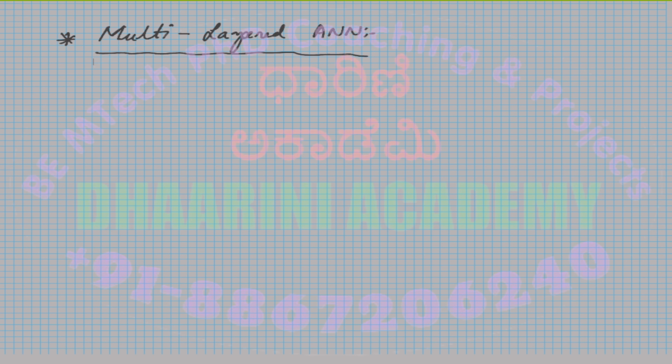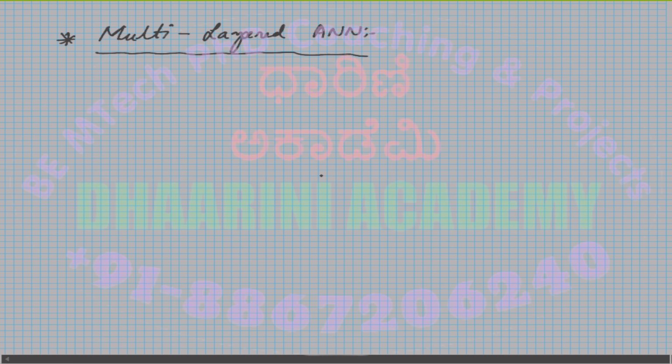The error in the output is because of error in the hidden layer, correct? Obviously. The hidden layer is not doing the job, that's why the output layer is not doing the job. So make the hidden layer learn properly, and the output layer will learn automatically, right? So the idea is that multi-layered artificial neural networks use a slightly different algorithm. It is called back propagation.